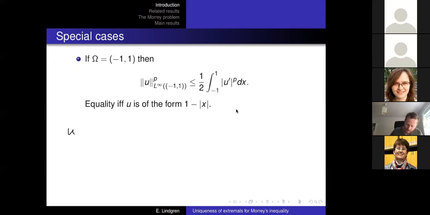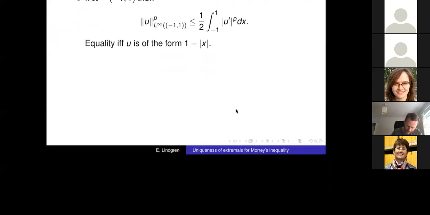So then let's try to see what happens if we just write u of x. Well, this is just the integral of the derivative, let's say of u at some point y, dy.